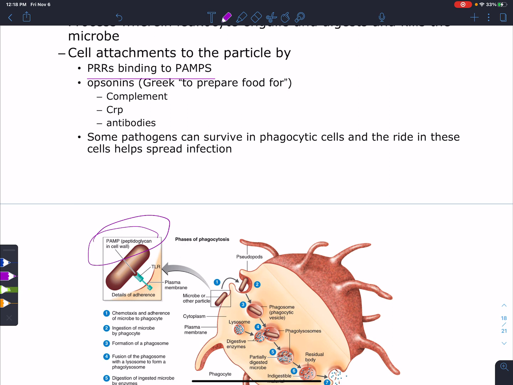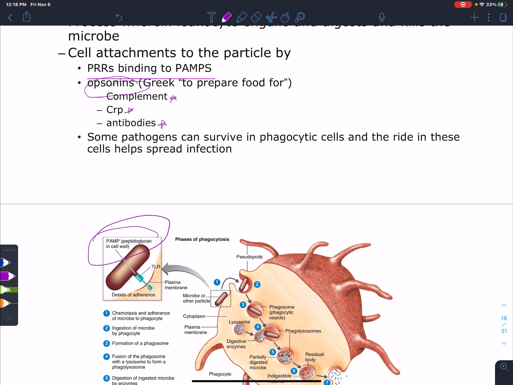Okay, opsonins. Remember those opsonins? Okay, and what's crazy with immunology and everything that we talk about lately is we use so many words to describe such similar things. So here we have our complement again. Here's CRP, and our antibodies.